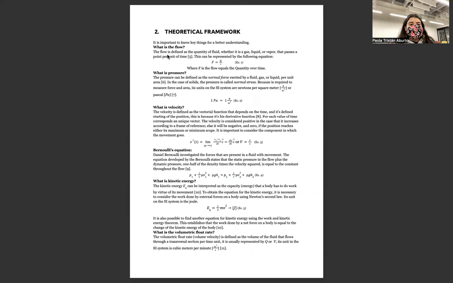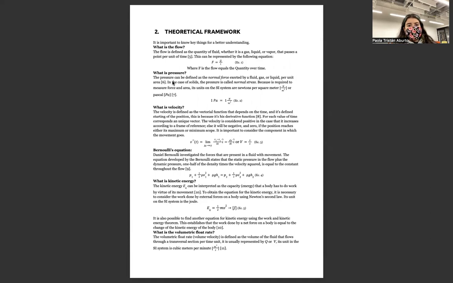So next is the theoretical framework. It is important to know some key things for a better understanding. At first, it is the flow. The flow is defined as the quantity of fluid, whether it is a gas or a liquid, in this case, that passes a point per unit of time. The equation is: the flow equals the quantity over time.